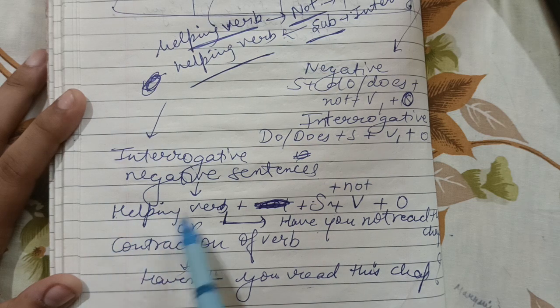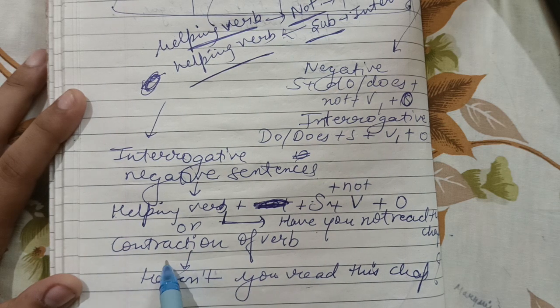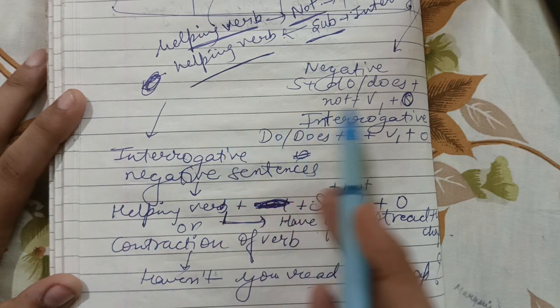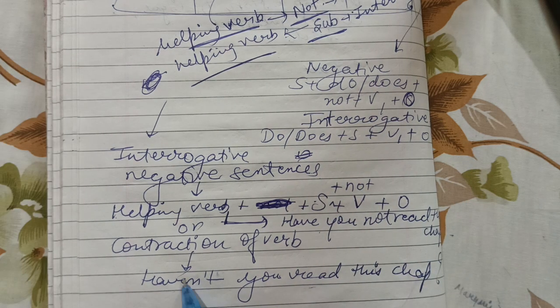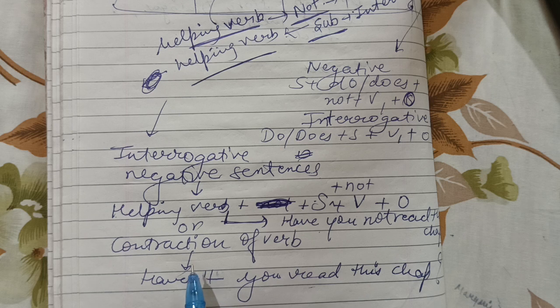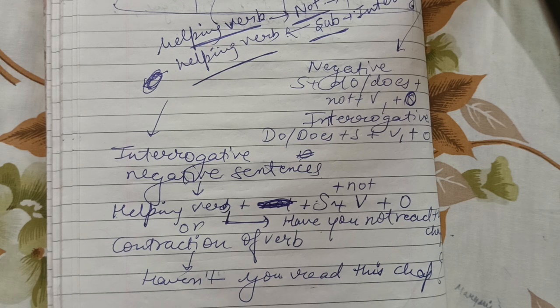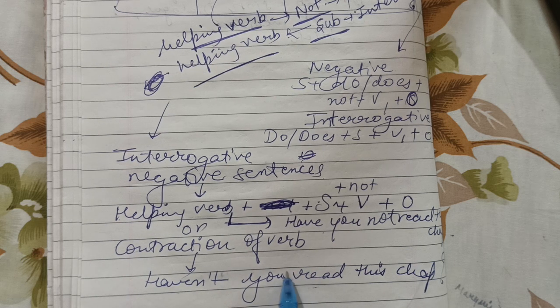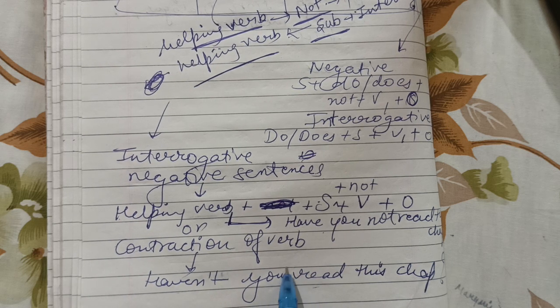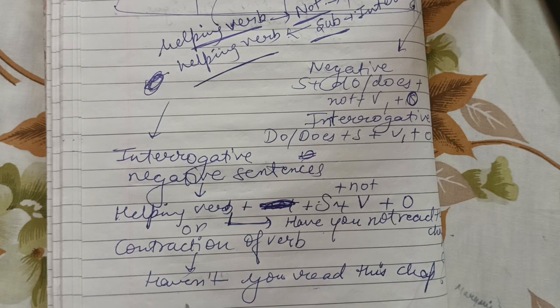We can form them by using a contraction of the verb, like didn't you eat? That is one negative interrogative sentence, but we used a contraction of the verb here. Like, haven't you read this chapter? Or you can add not over here, and you can use that.